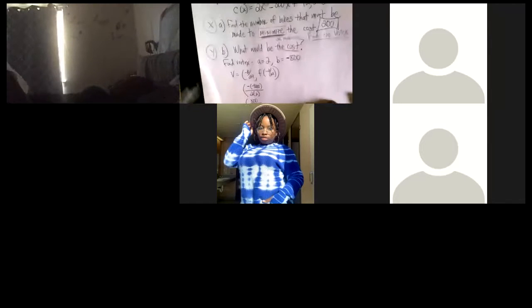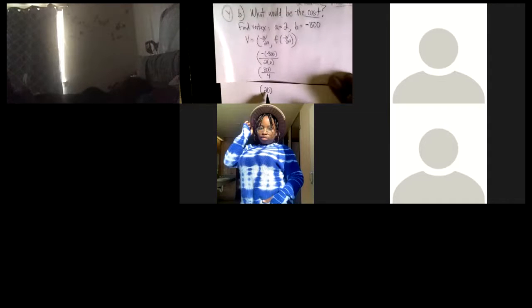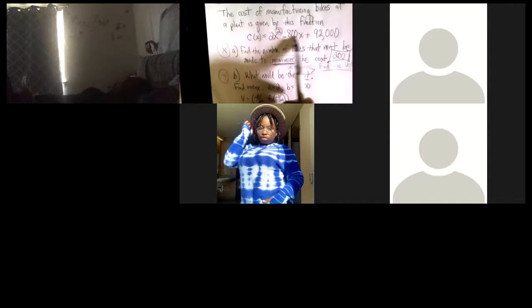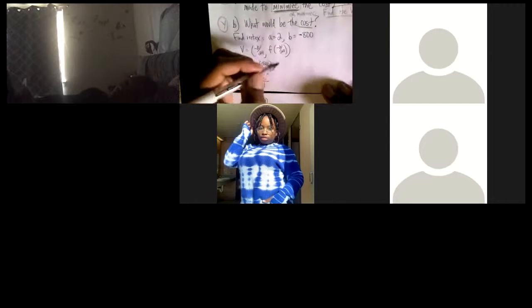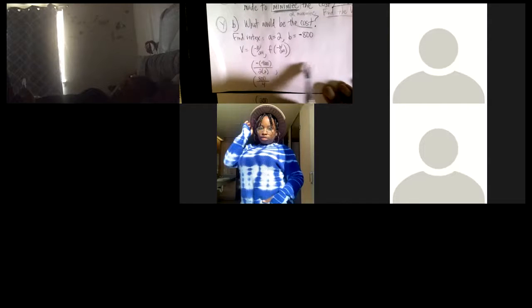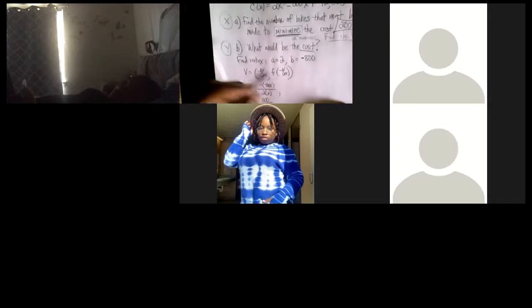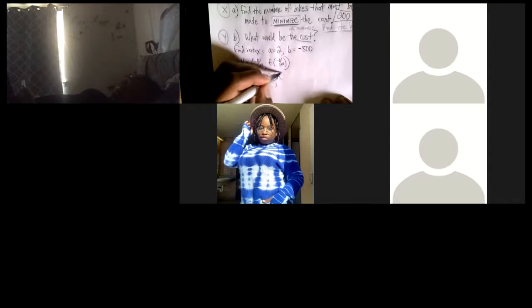So what is the minimum cost? Now we are going to plug this 200 into this equation. I'm going to write a comma here because when I work this out, this is going to be the y coordinate of the vertex. So again, we're finding the cost of making 200 bikes.